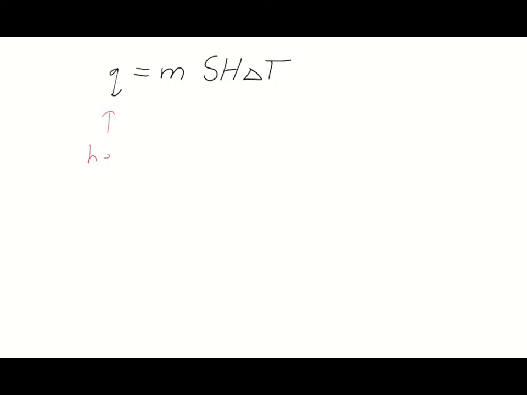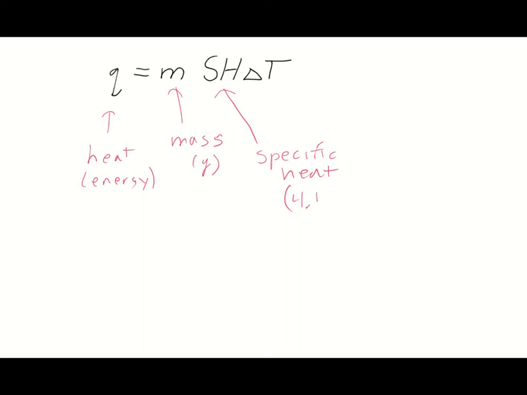The heat or energy needed to raise a given mass of water in grams is equal to the mass of the water times the specific heat of the substance, for water, it's 4.184 joules per gram per Kelvin, times the temperature change.